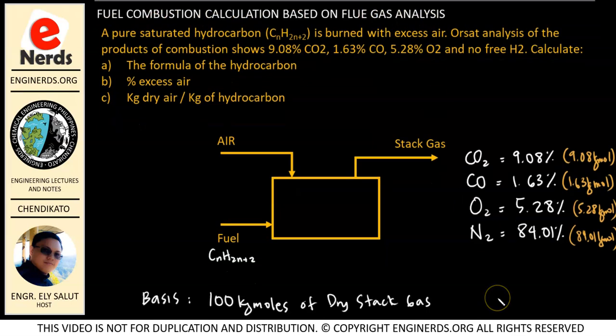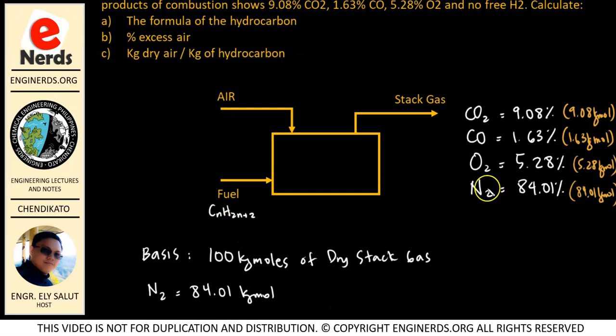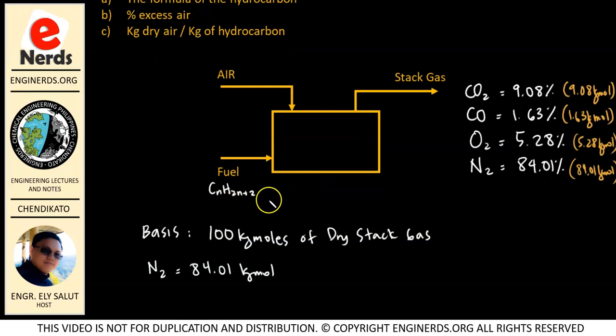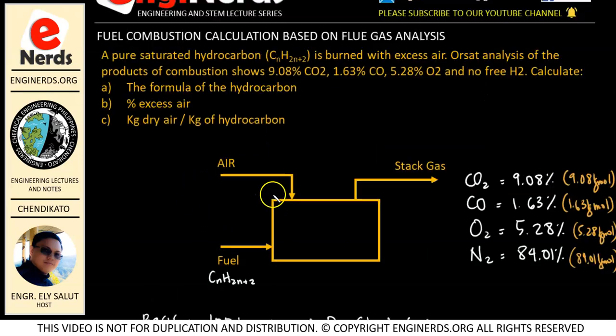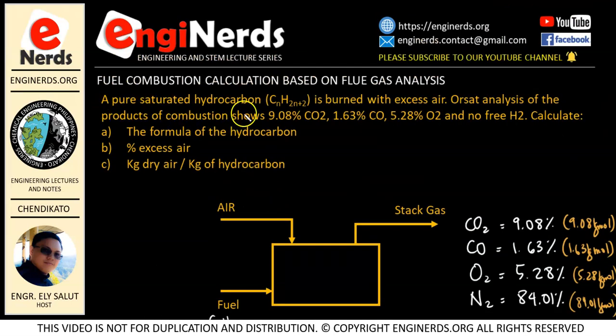One thing we should remember when solving fuel combustion based on flue gas analysis is that one of the easiest ways to solve it is to take note of this nitrogen. Because our nitrogen is inert, it doesn't take part in our reactions, so we're just going to have a plain material balance. In this example, it is assumed that we do not have nitrogen in our fuel, since the fuel is given as a pure saturated hydrocarbon.